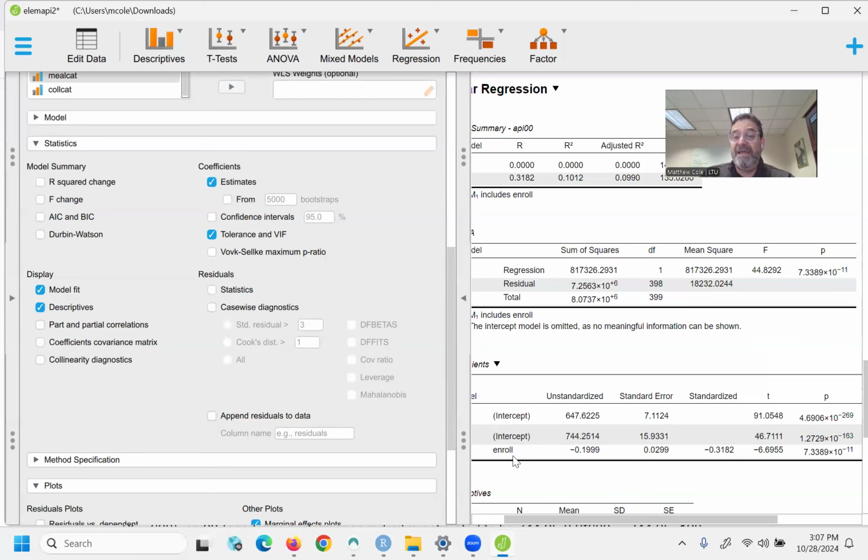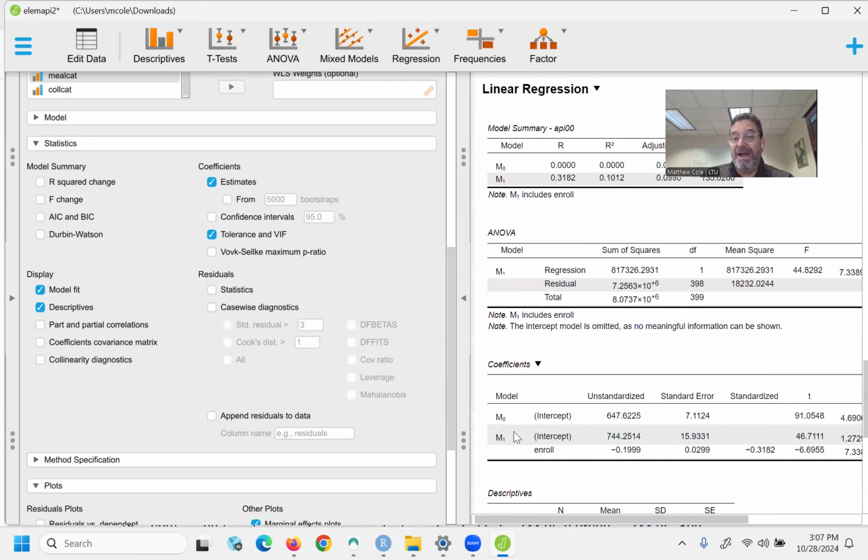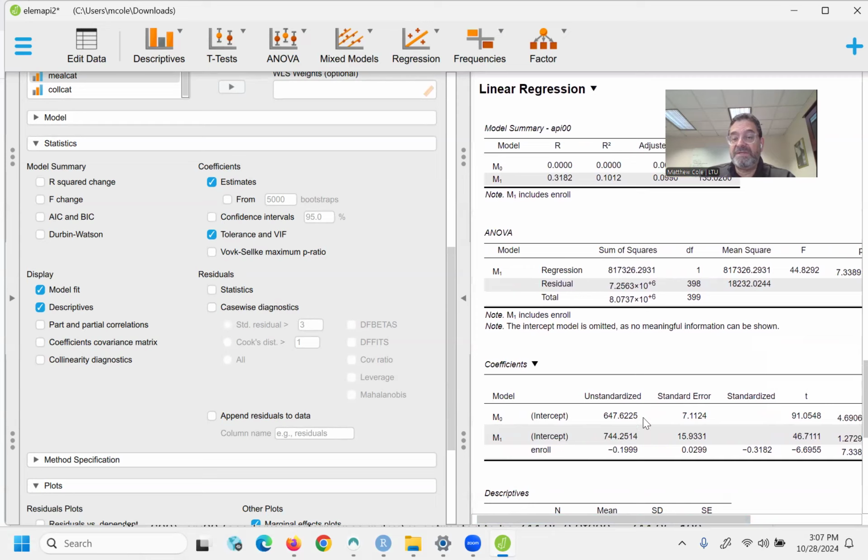So in fact, as enroll goes from, let's say, 500 to 501 students, the academic performance score drops by 0.199. And that's in the units of enroll. Now, if we standardize enroll, then it's going to drop by 0.318, which is really like standard deviation units.